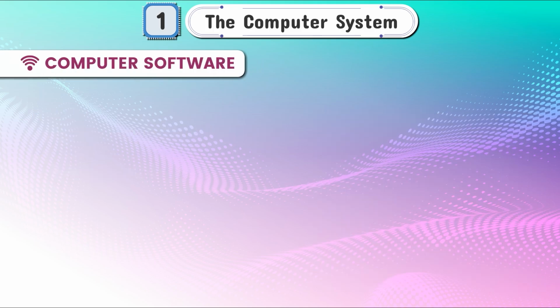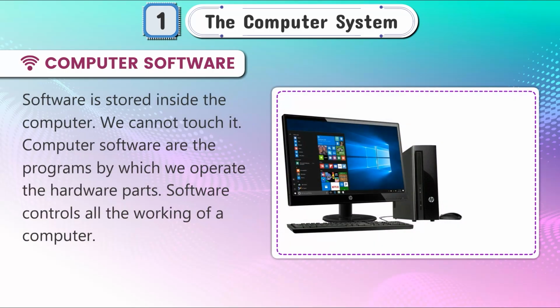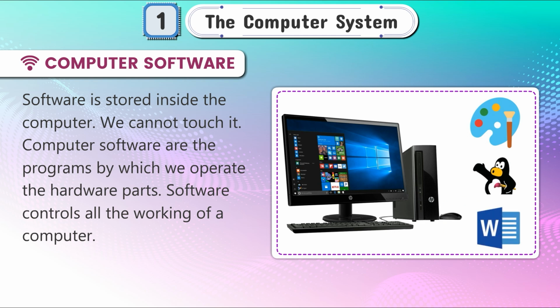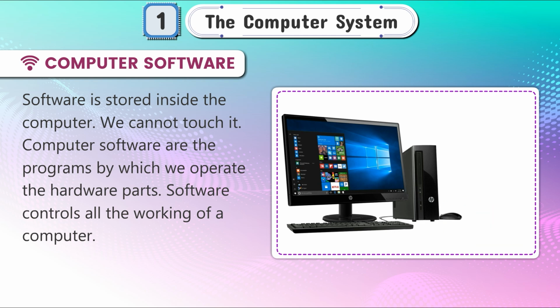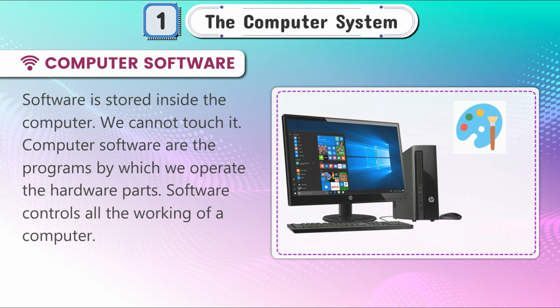Computer software. Hardware parts are not enough to make a computer a useful machine. They need instructions to make a computer work. These instructions are called software. Software is stored inside the computer. We cannot touch it. Computer software are the programs by which we operate the hardware parts. Software controls all the working of a computer.